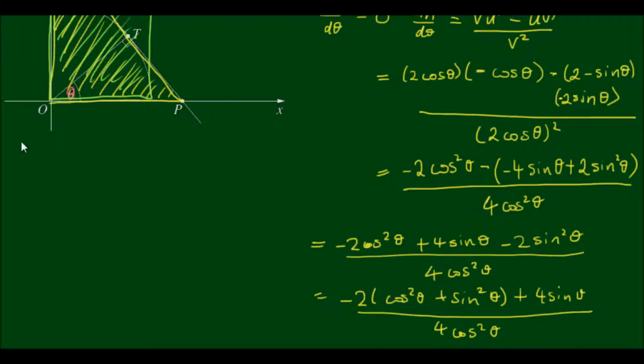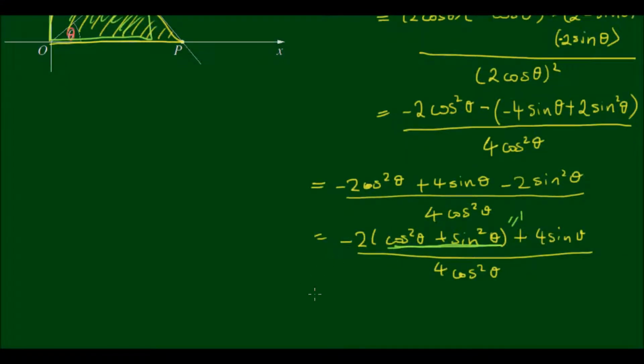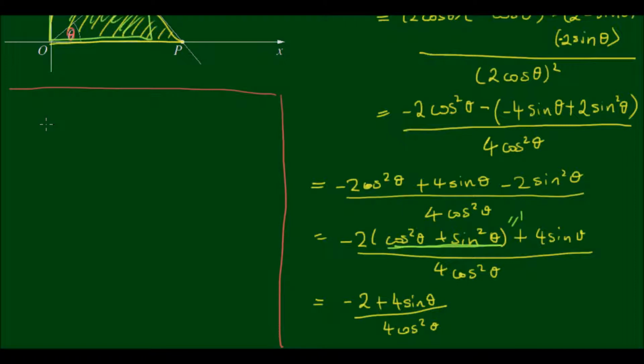And again, if we realize that this here is equal to 1, we will end up with negative 2 plus 4 sine theta over 4 cos squared theta. Alright, so that was quite tedious. What do we get from it?